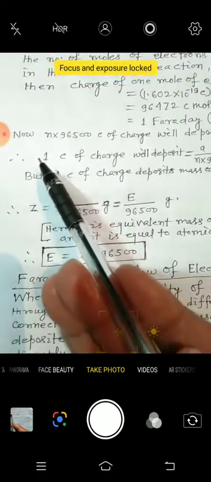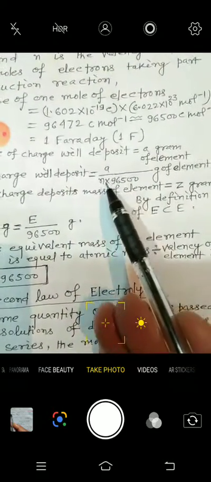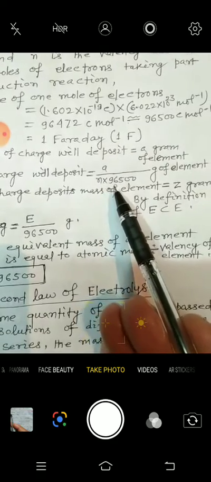Now, 1 coulomb of charge will deposit how much? A by N into 96500 gram of the element.